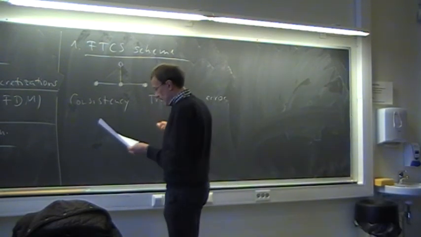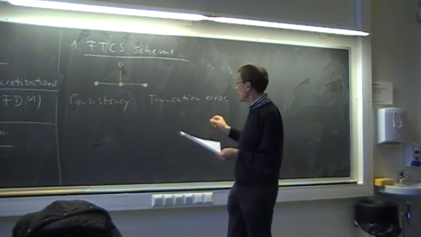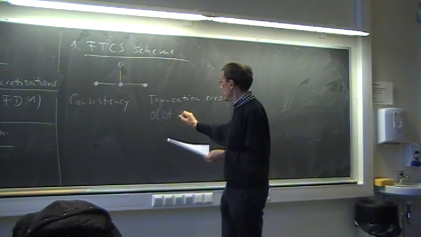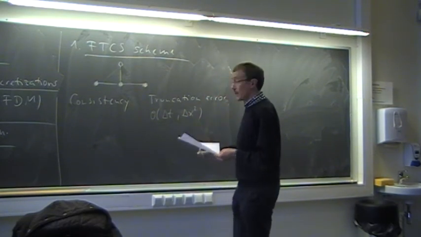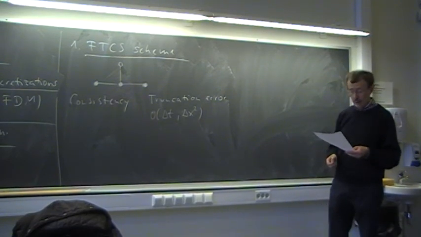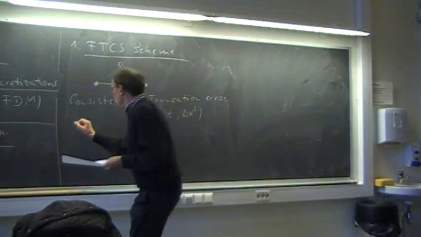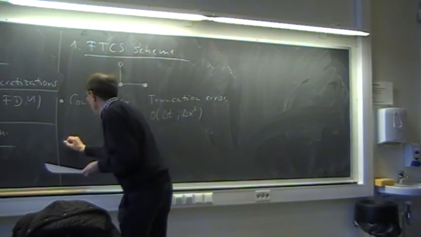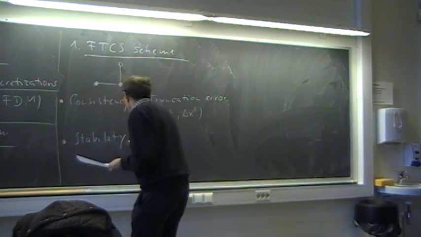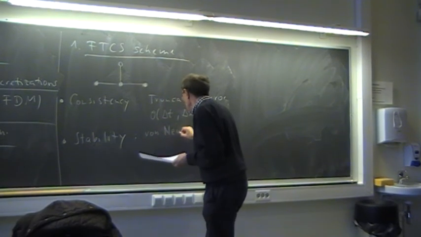And then we get the order of accuracy. For this example, we get that this is first order in time and second order in space. That we see by computing the truncation error. So that is essential. And the other essential is the stability. For that, our tool is the von Neumann stability analysis.